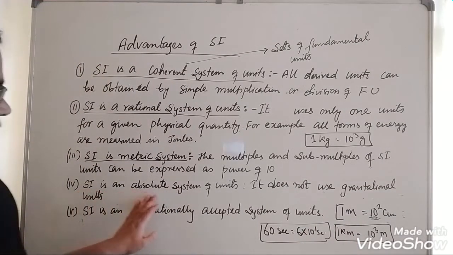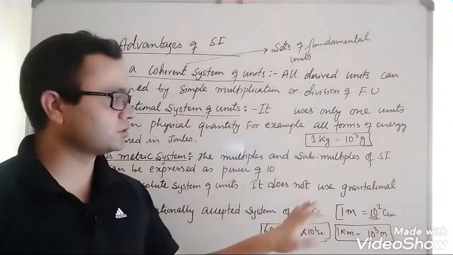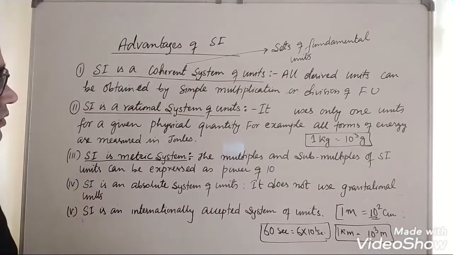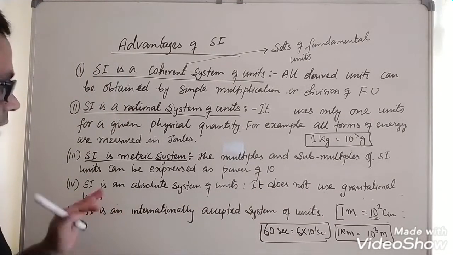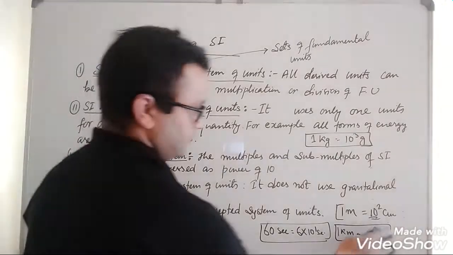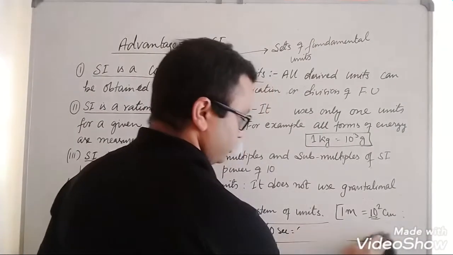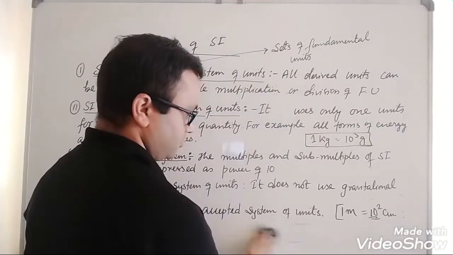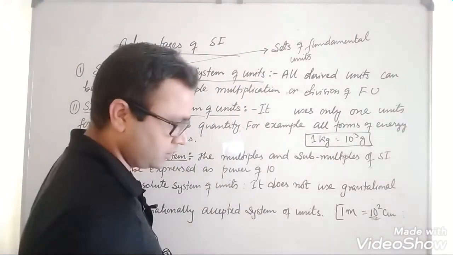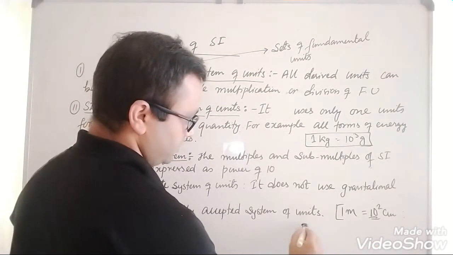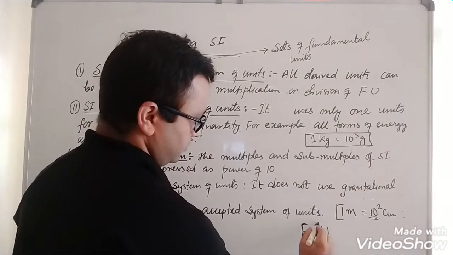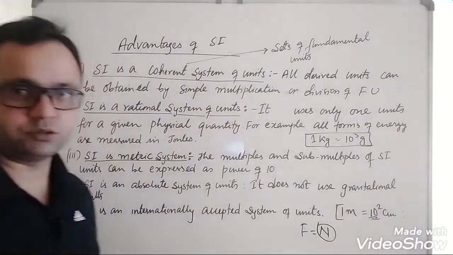SI is an absolute system of units. It does not use gravitational units. Means SI is the absolute system of units. There is no use of gravitational units. Suppose the force in terms of gravity has the unit Newton.